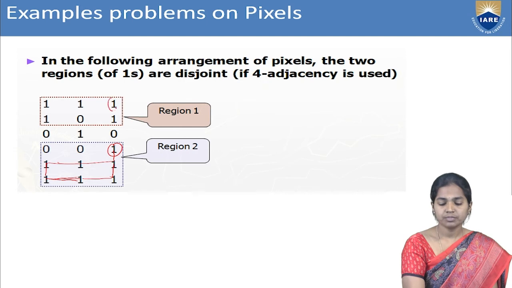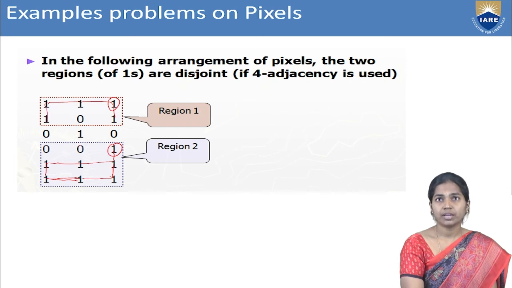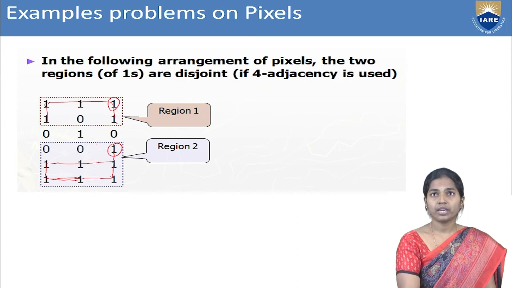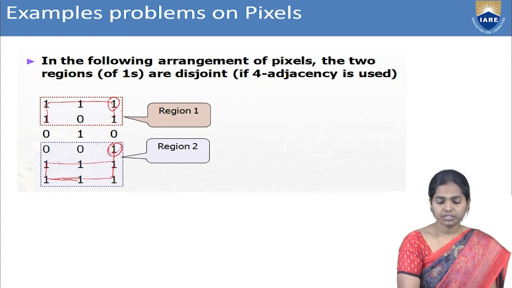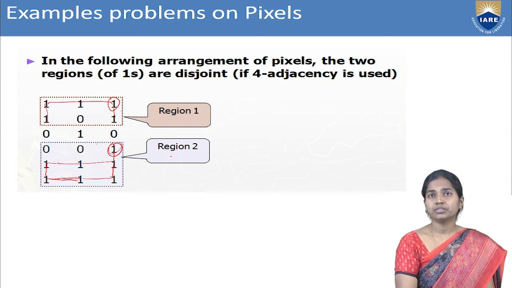From this point, each is a neighboring pixel, but between this point and this point there is no link between the two pixels. So they are disjoint: here it is region 1, here it is region 2.